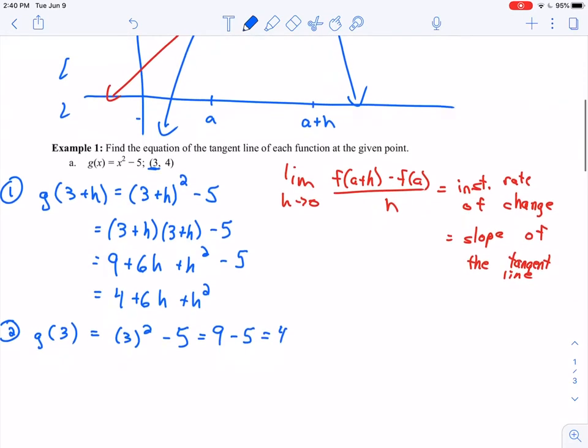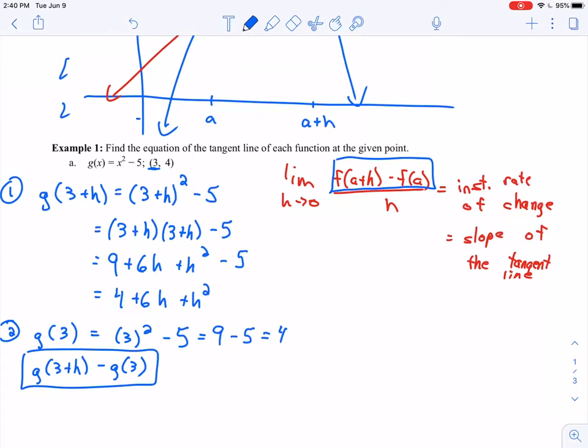So if I want to look at g of 3 plus h minus g of 3, which, look at this, this is actually just my numerator. Obviously f and g are different functions, but it's the same idea here. But a here is just 3. All I've done is take 3 and plug that in for a. So I'm just looking at the numerator of that statement. So g of 3 plus h, this guy right here, well, that's just what I found at the end of step 1.